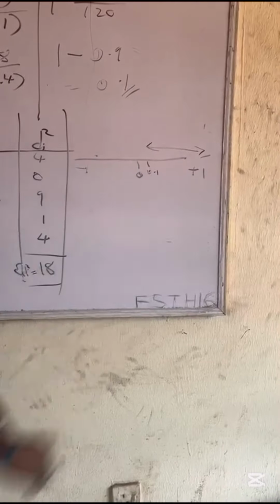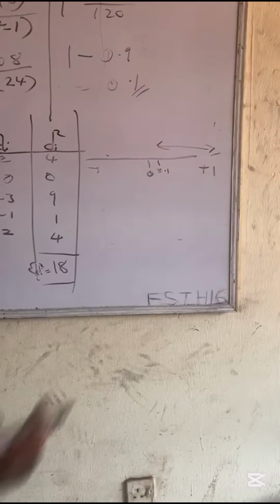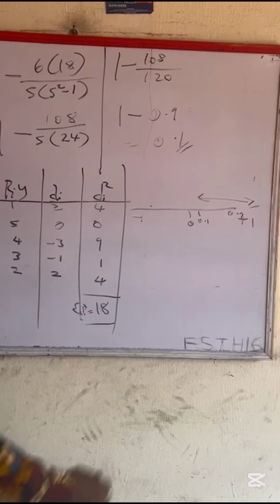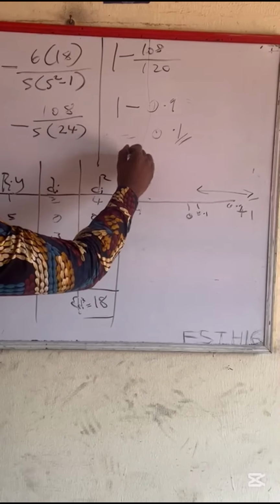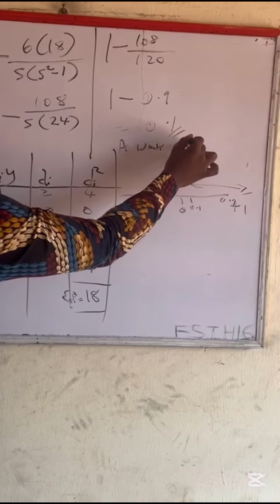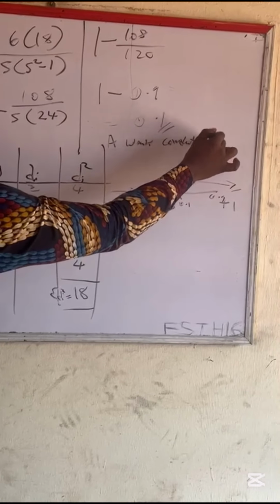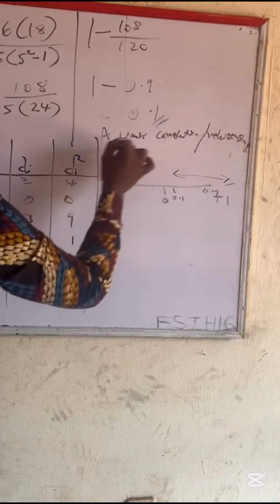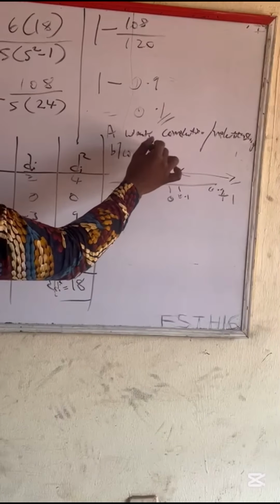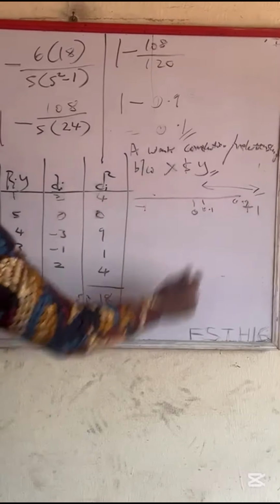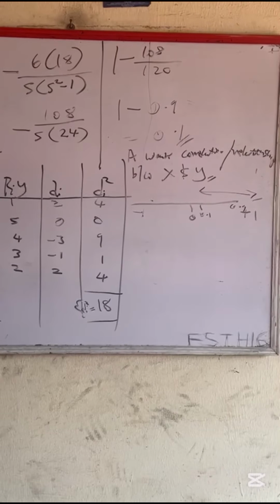If here is 0.9, so we can say that we have a weak correlation or relationship between X and Y. Okay, that's it for rank correlation.